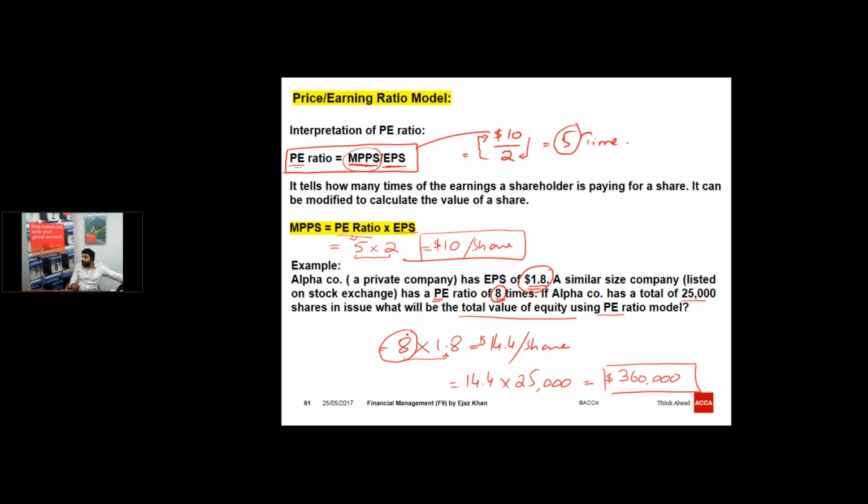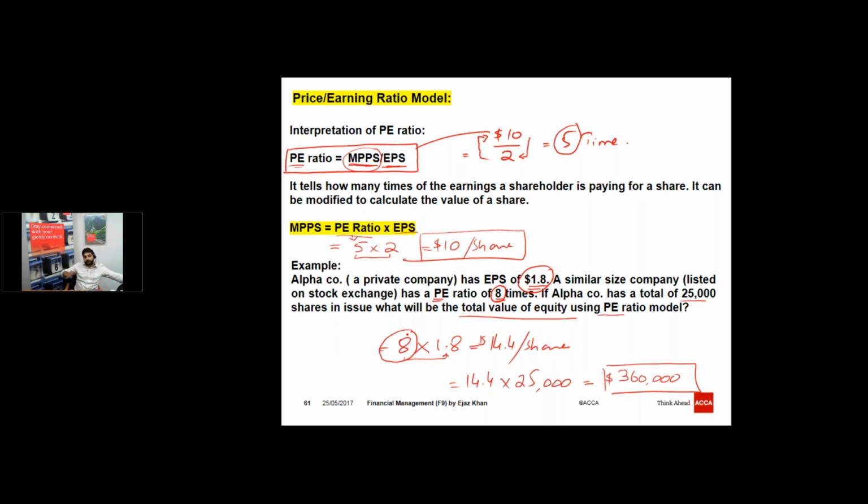Do you really think a listed company will have the same risk as an unlisted company? Don't you think an unlisted company will be riskier? The risk of a listed company is less than the risk of an unlisted company. And let me tell you the reason.